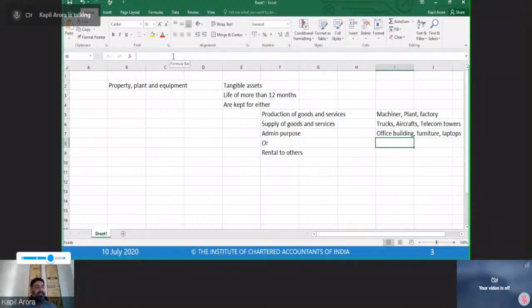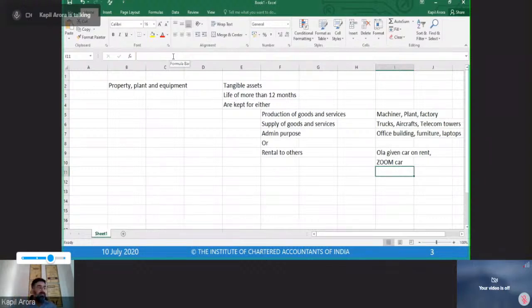Now rental to others, if you know the example. Nowadays, let's say Ola has given cars on rent. There are self-driven car rental companies, Zoom Car. So these companies provide cars on rent.